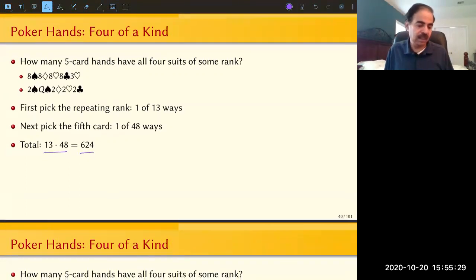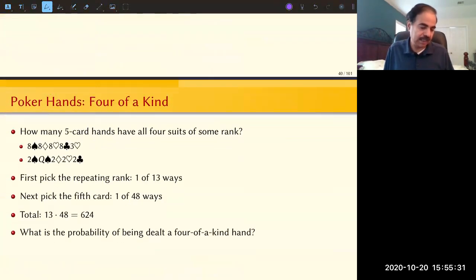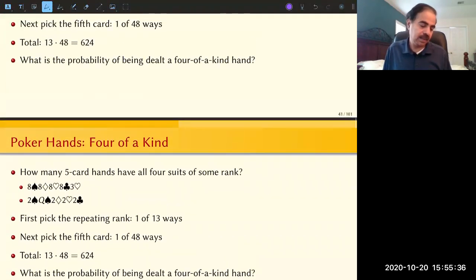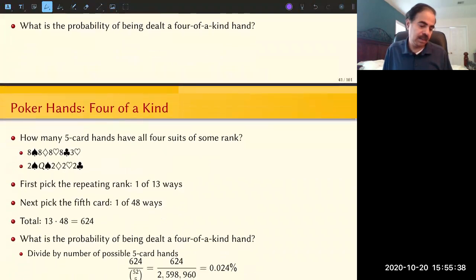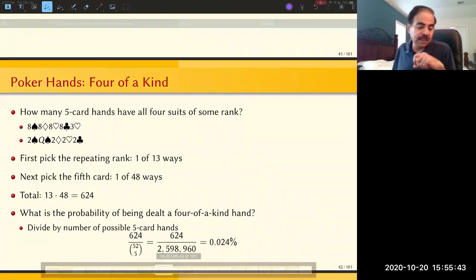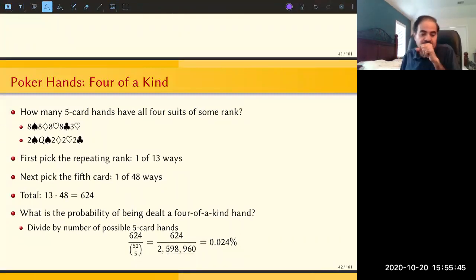So this is nice, not that difficult. Okay, so if you think about the probability of getting such a hand, well, it's not very large, because if you consider the total possible 5 card hands, that is 52 choose 5, which is a pretty large number.